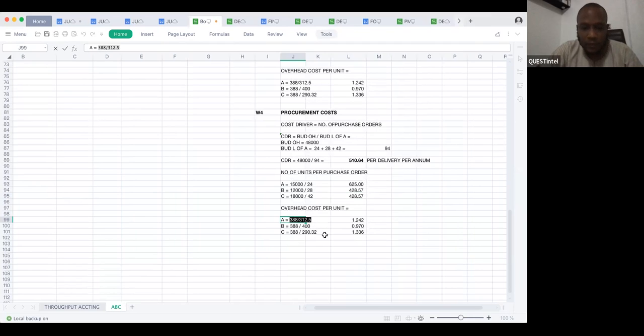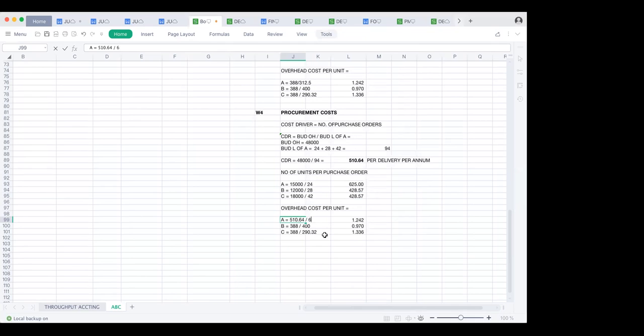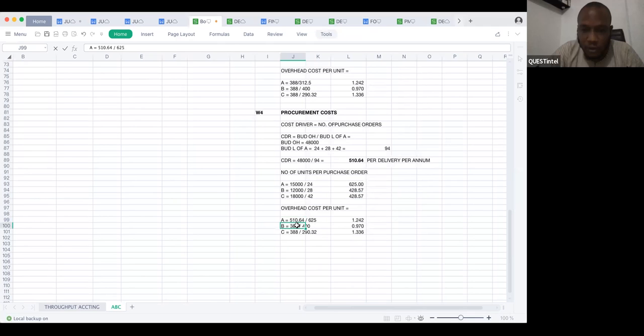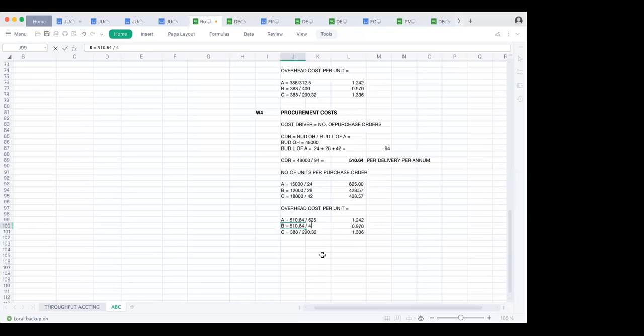Okay, so A now is 510.64 divided by 625. Next one, so now same 510.64 divided by this one, 428.57.